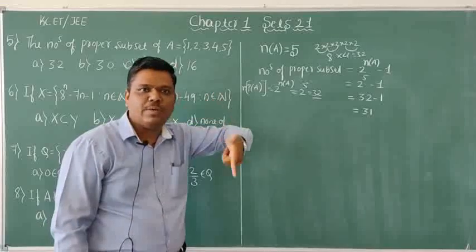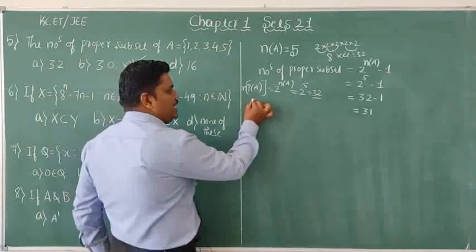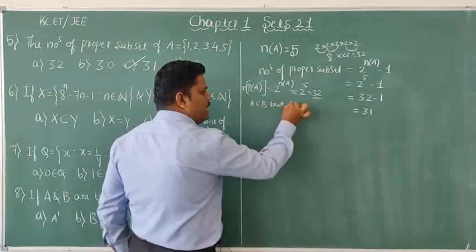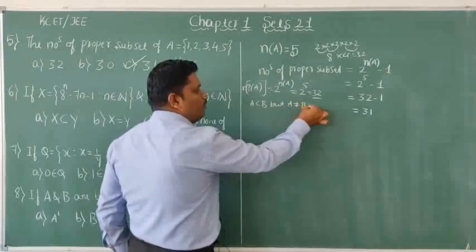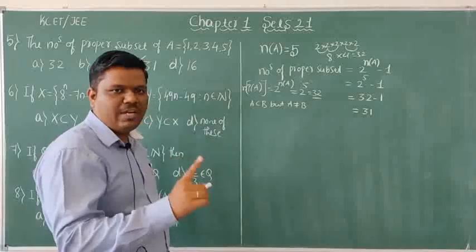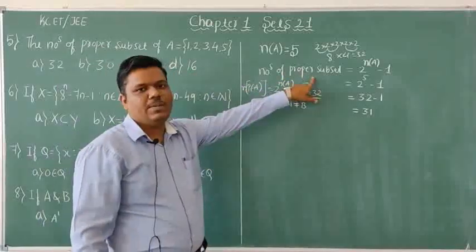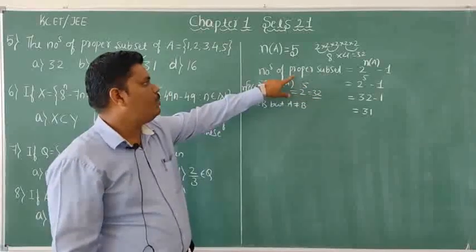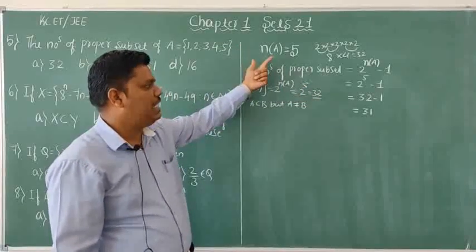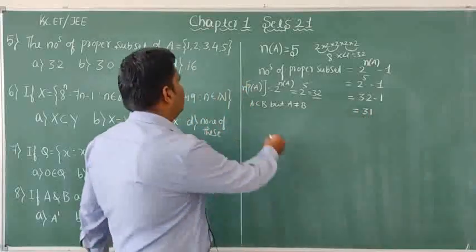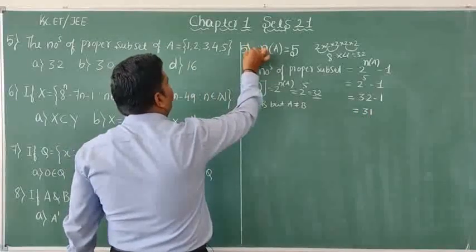But proper subset means A is a subset of B, but A is not equal to B. Therefore, only one set is not present in proper subsets. Therefore, the number of proper subsets of a given set A is 31. This is the answer to question number 5.